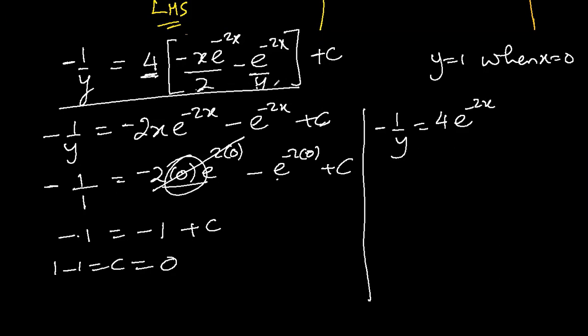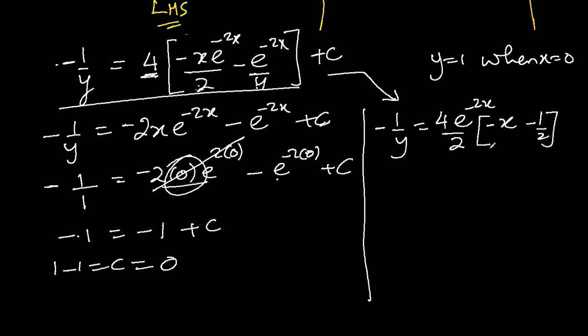Both of them also have 2, so let's take 2 also out. So what is left inside? From here I'm saying without c. Here we are left with minus x, this is the only one left because e to the power minus 2x and 2 both are out. And here we'll be left with minus, and e to the power minus 2x is out, 2 out of this 4 is out, so 1 over 2.